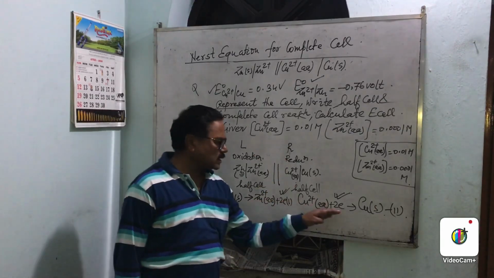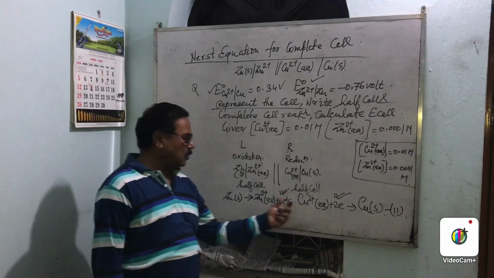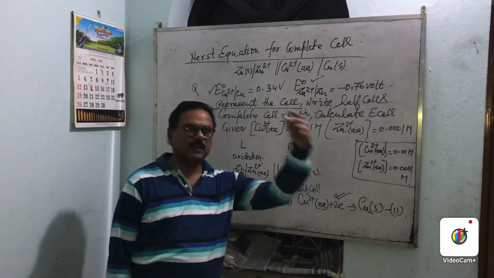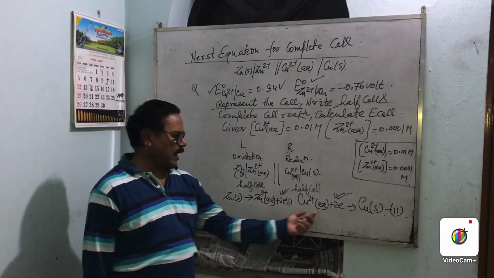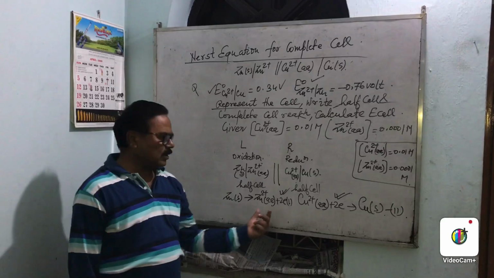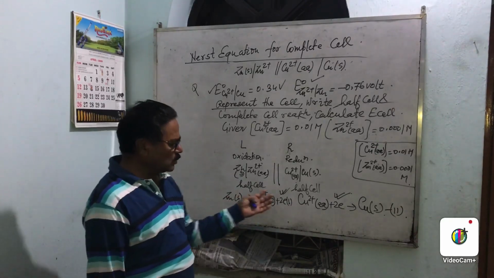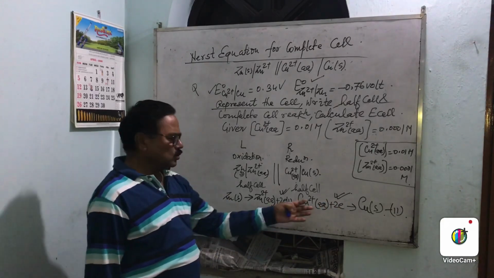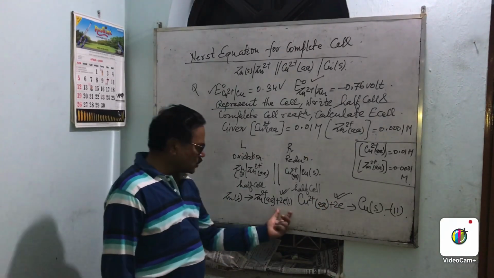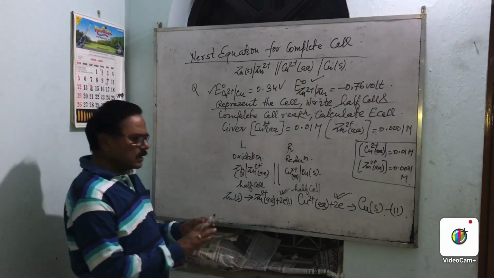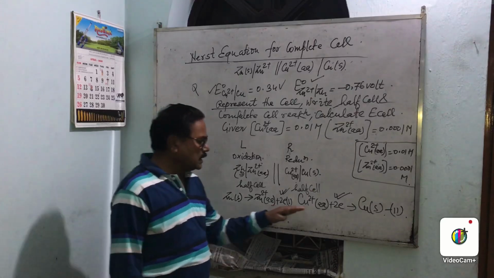Suppose they are not the same, then we multiply the half equations to equalize the number of electrons. If it is 3 and 2, then to make it 6, since 6 is common, we multiply by a particular number. Now here it is 2 and here it is 2, so there is no need to multiply either half.